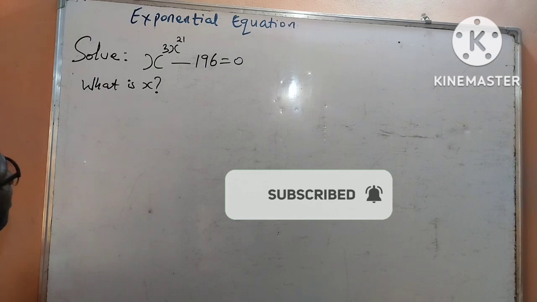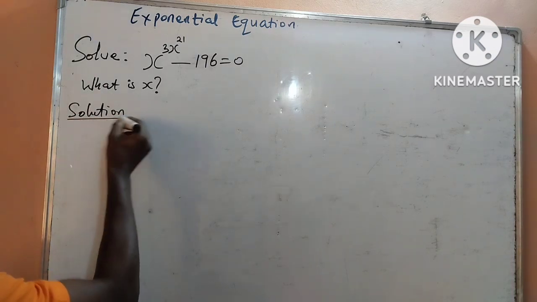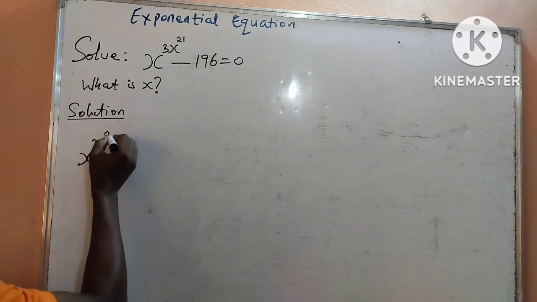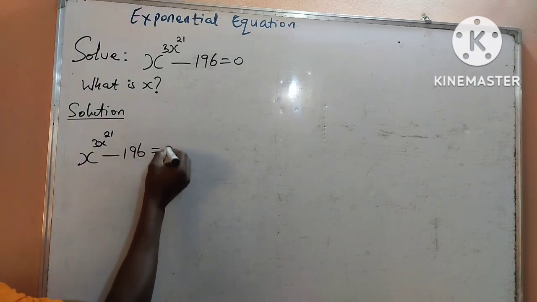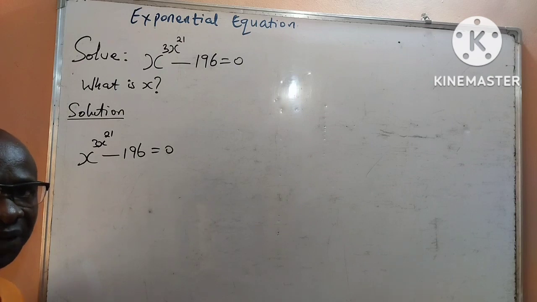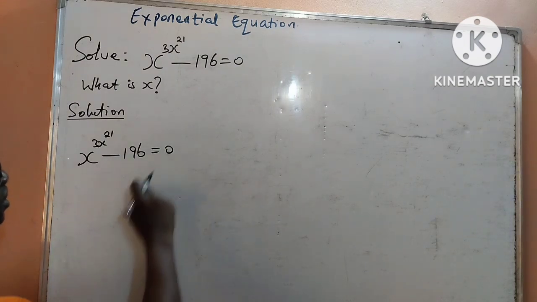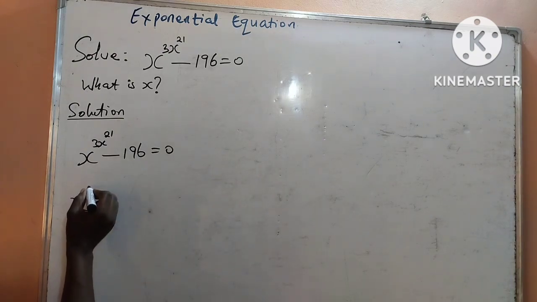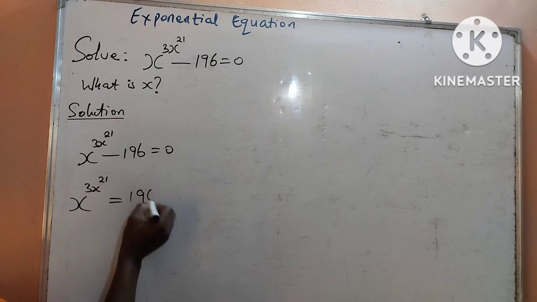Alright, solving this question: x raised to the power 3x, also raised to the power 21, minus 196 equal to 0. That is what I am given. The first thing I want to do is to move negative 196 to the right hand side, and I will have it written as x to the power of 3x to the power of 21 equal to 196.